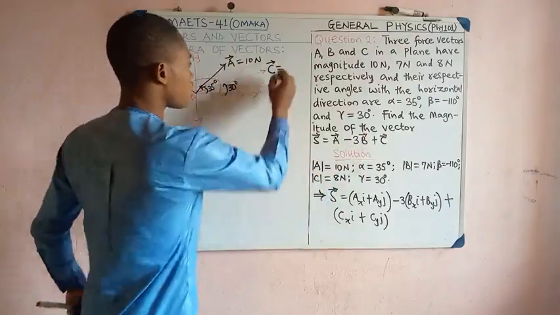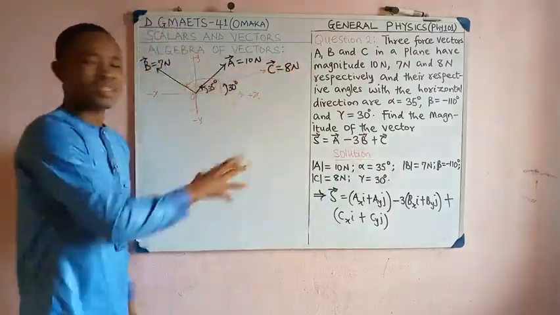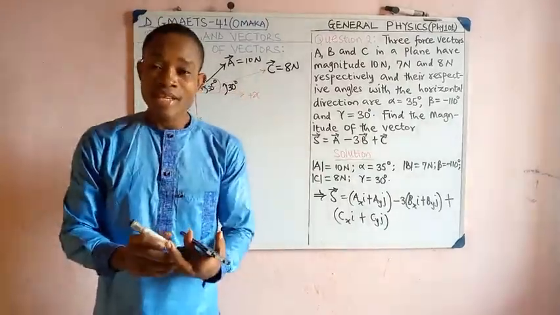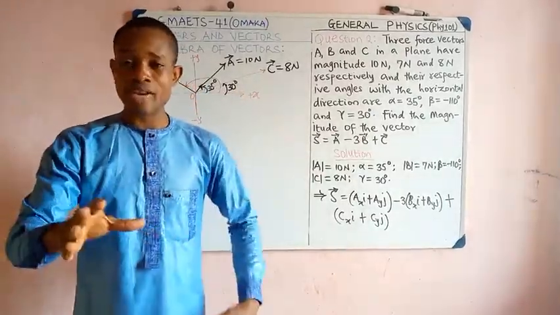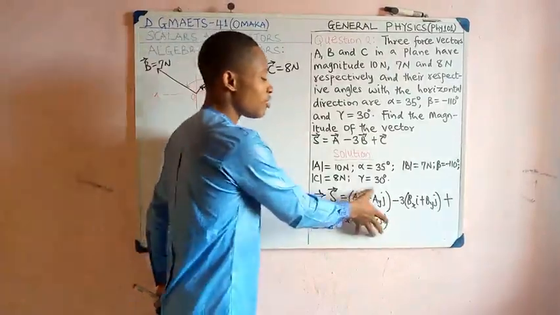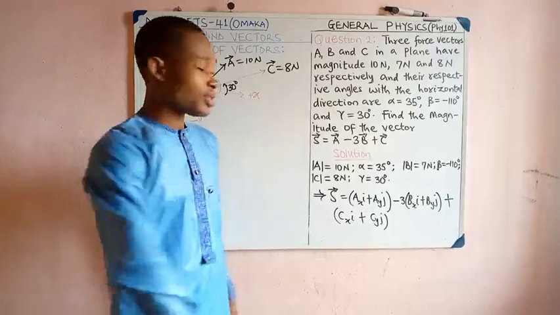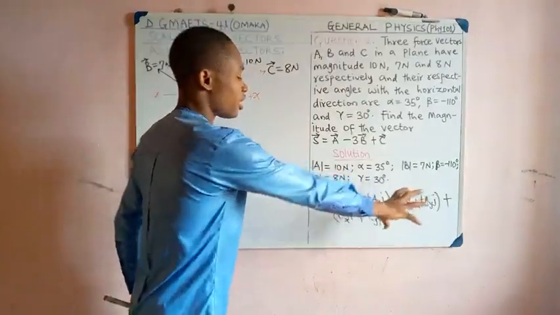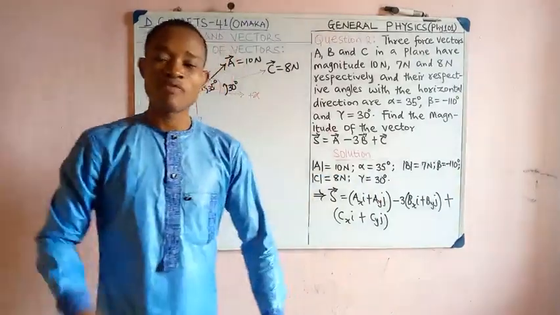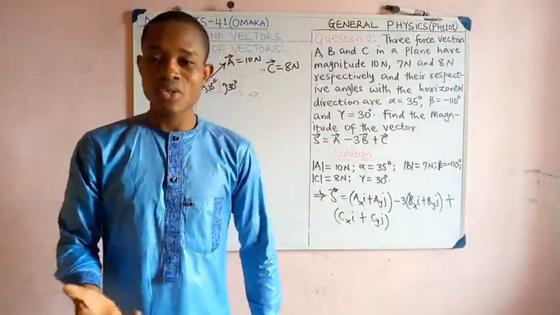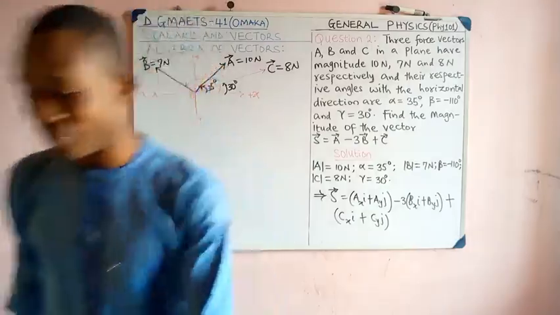And of course, the magnitude of the vector is 8 Newton. So this is actually the sketch of that question. Is that okay? Now we're going to take a short break. When we come back from the short break, we'll obtain the rectangular Cartesian coordinate value of ABC, and then substitute here, simplify, and get the displacement vector S, whose magnitude we are asked to get.